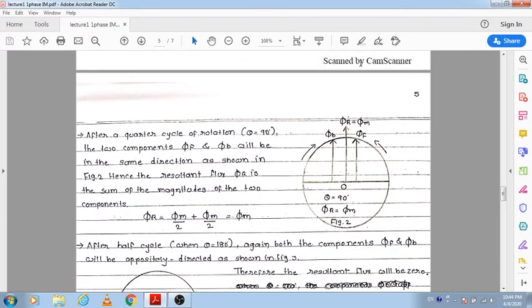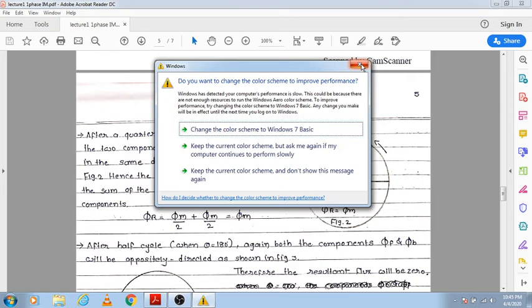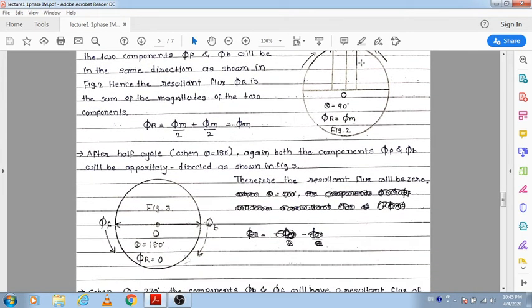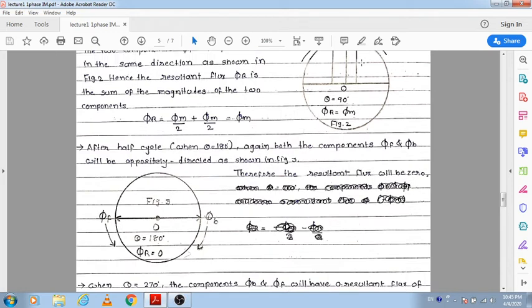Now this is case 2. Case 2 is the quarter cycle of the rotation, when theta equal to 90 degrees. At that moment both fluxes are in the same direction. That's why we add phi m by 2 and phi m by 2, and finally we achieve phi m, the maximum flux at this moment. After the half cycle, again phi f and phi b are in opposite directions.